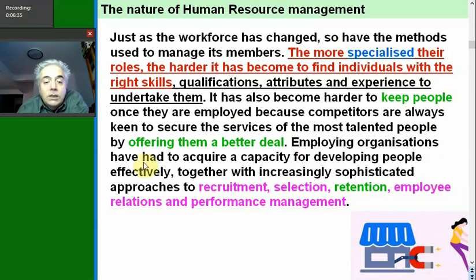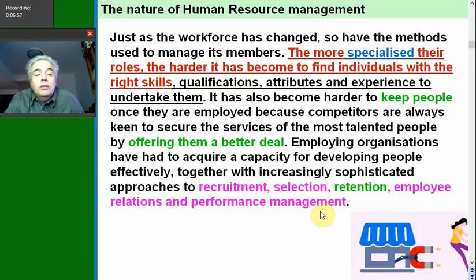Employing organizations have had to acquire a capacity to develop people effectively, together with increasingly sophisticated approaches to recruitment, selection, retention, employee relations, and performance management. For example, it's not uncommon that you hire a person, then you need to develop this person.